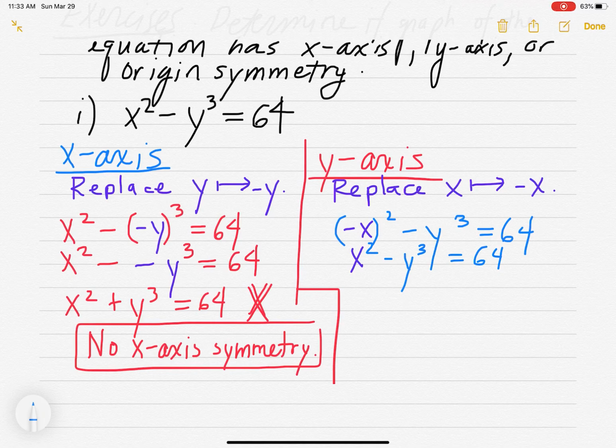Now, when I look at that, x squared minus y cubed equals 64, that's actually the same as the original equation. So yes, this is the same. So yes, there is y-axis symmetry.